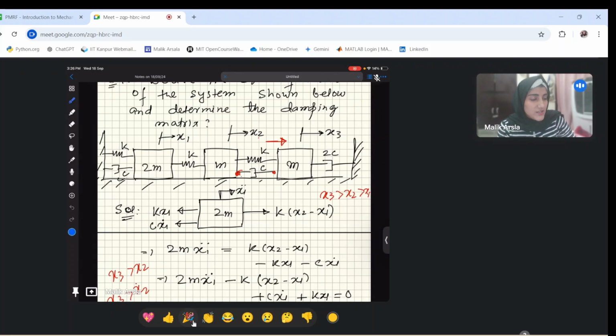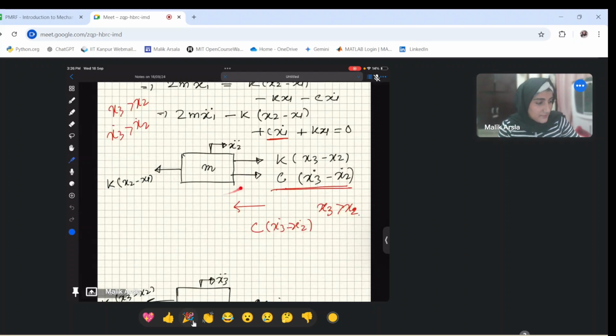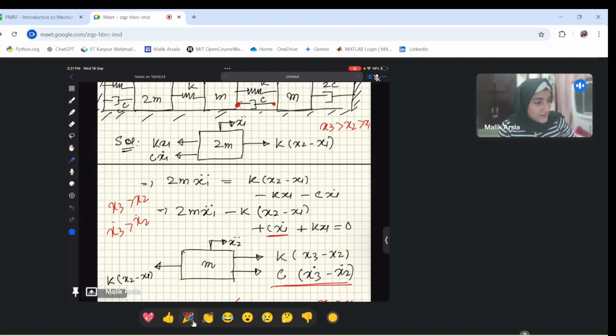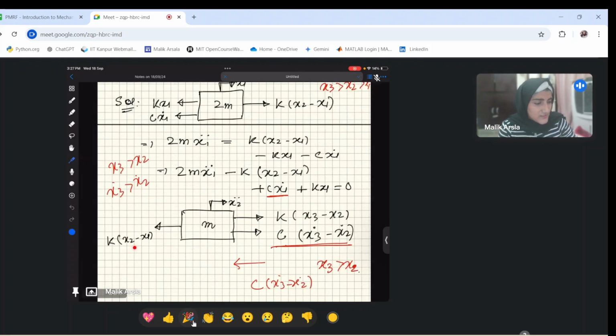The velocity of mass 2m here is to the right, so obviously the damping force will be to the left, because this point is fixed, so the relative velocity direction is this way. Now the doubt was in this mass. I think the spring forces are clear, how we got them. Now the confusion was in this.